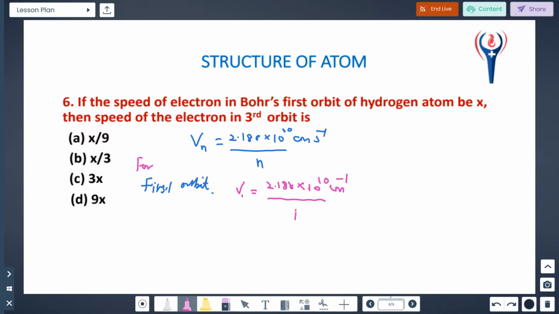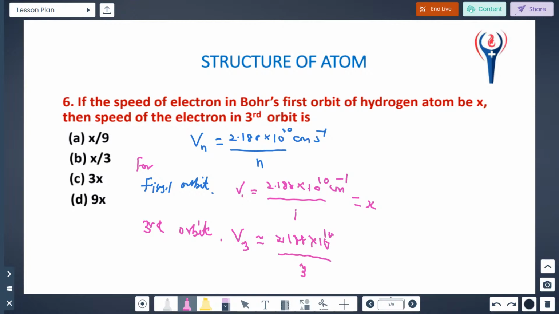Then the speed of the electron in the third orbit: V3 is the same thing, 2.188 into 10 power 10 divided by 3.